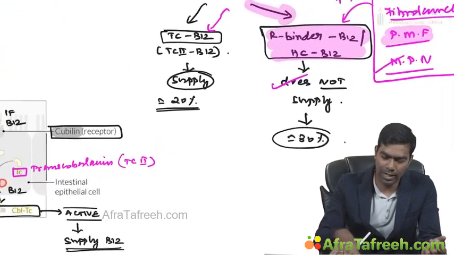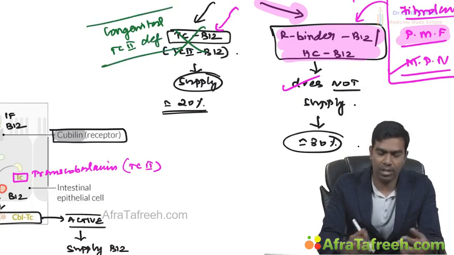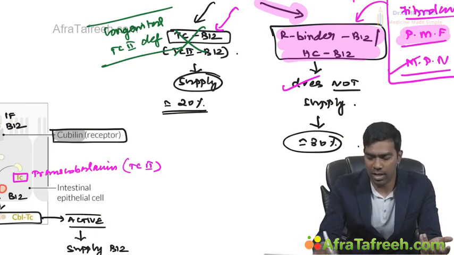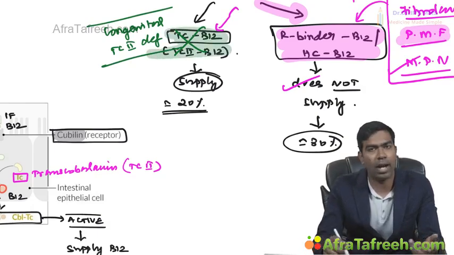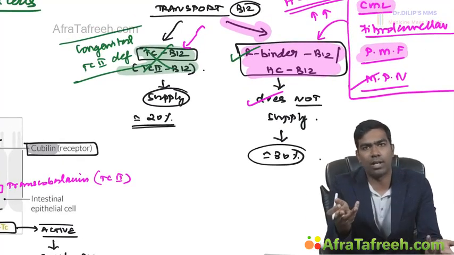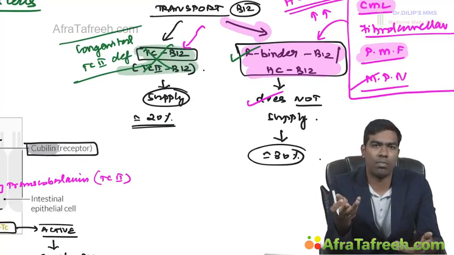And there is one more second condition, where there is congenital deficiency of transcobalamin 2. If you have a congenital transcobalamin 2 deficiency, there is no transcobalamin at all. In the sense, almost all of the B12 has to circulate in the form of your R binder, that is the haptocorrin B12 complex only.